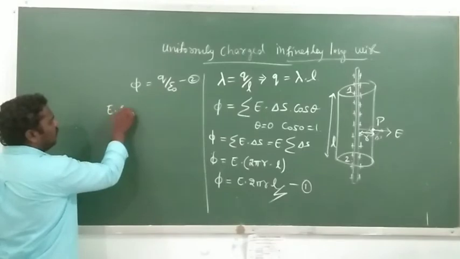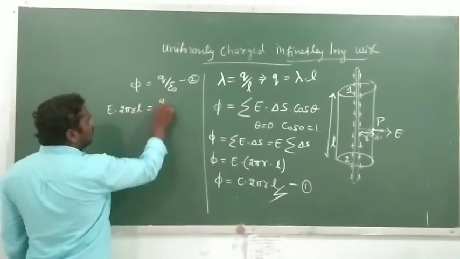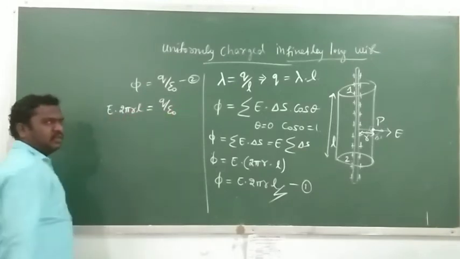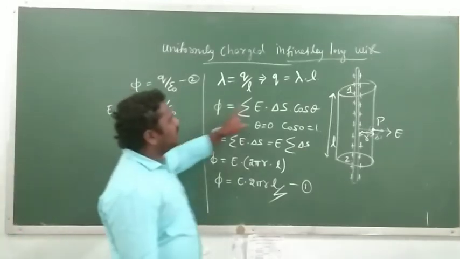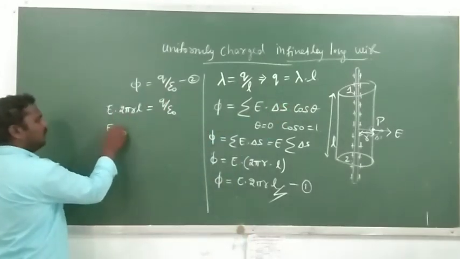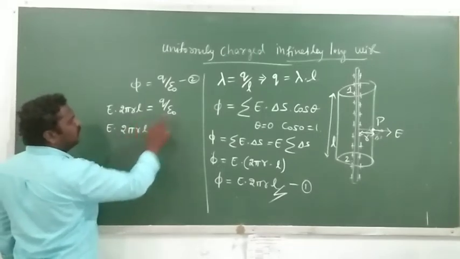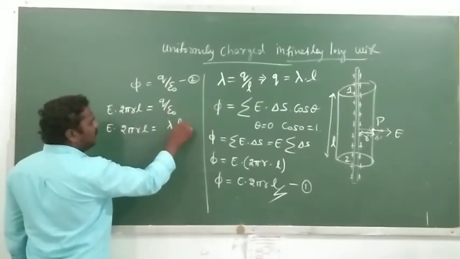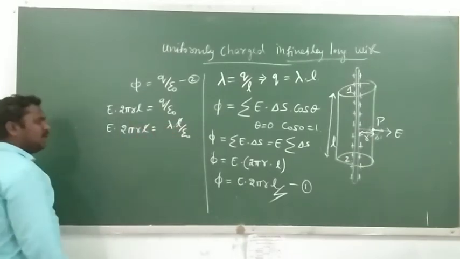E into 2 pi r L is equal to Q upon epsilon. And we can have the total charge Q as lambda into L. Therefore, E into 2 pi r L is equal to, what is Q? It is nothing but lambda into L upon epsilon naught. So this L on both sides will get cancelled.